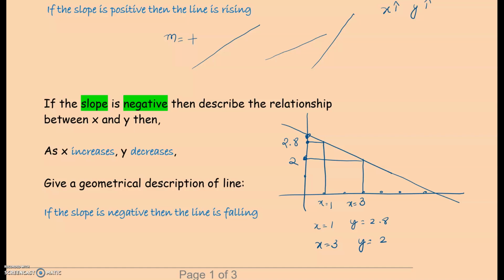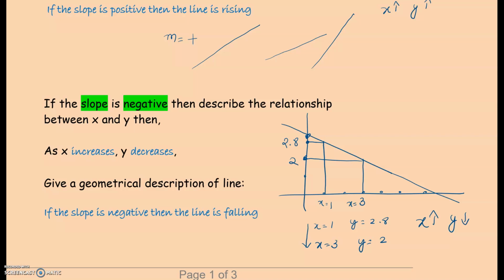Notice what's happening to x here. x is increasing from 1 to 3, and y is decreasing. So as x increases, y decreases, and that's how we have a negative slope.